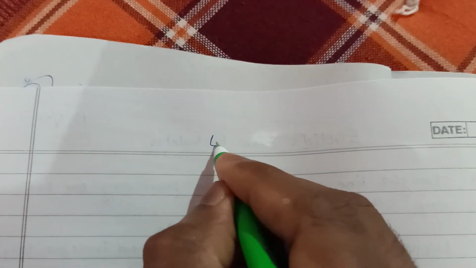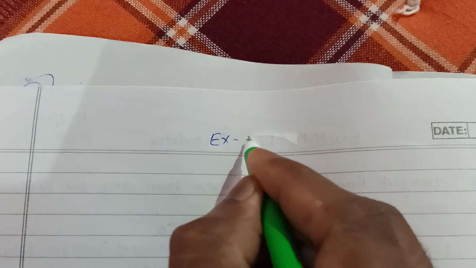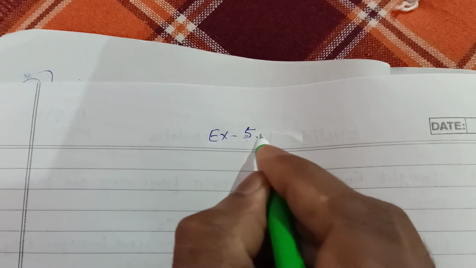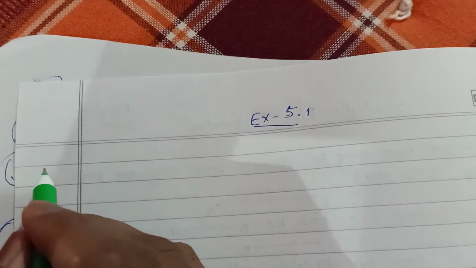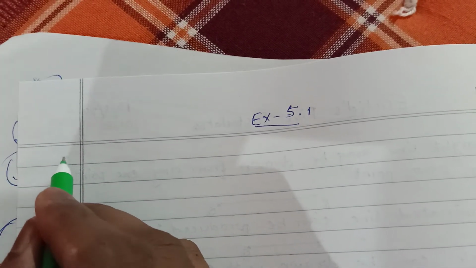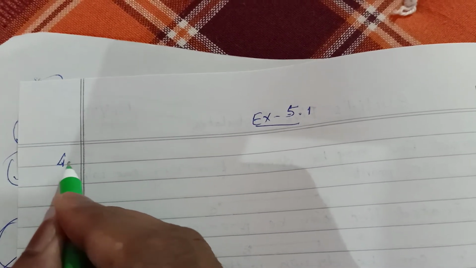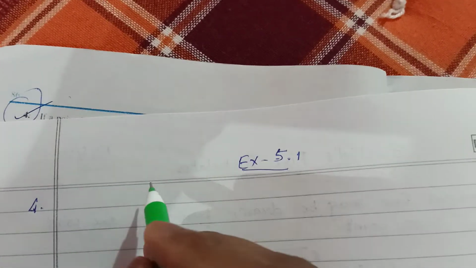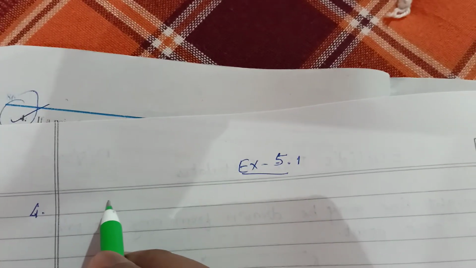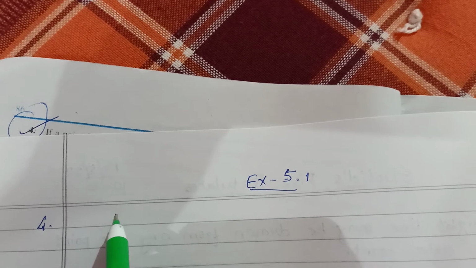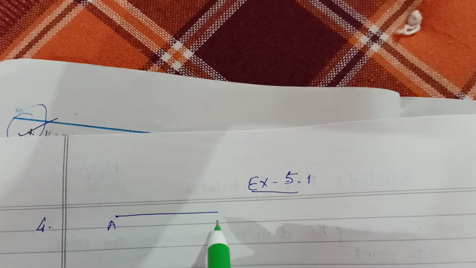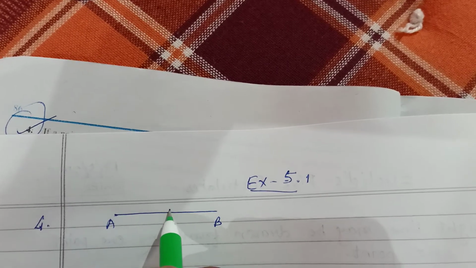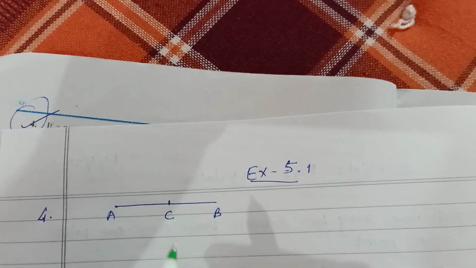First write exercise 5.1, question number 4. We draw a line AB and one midpoint is C.